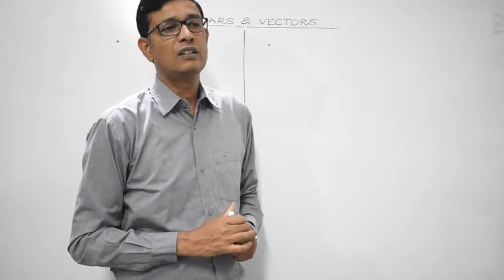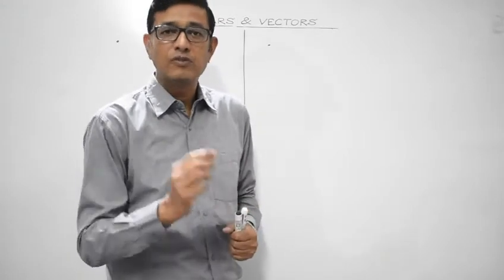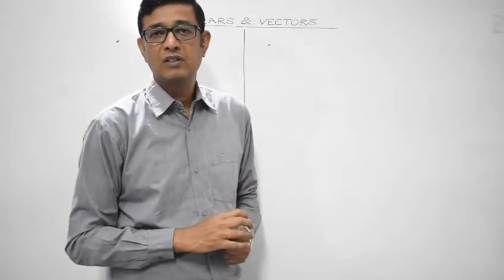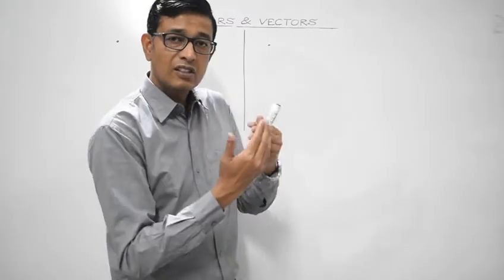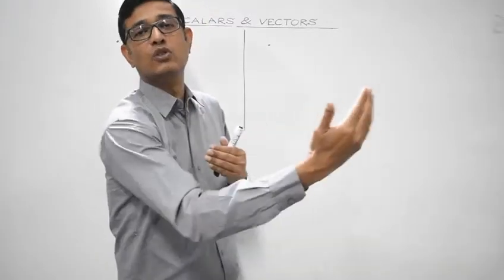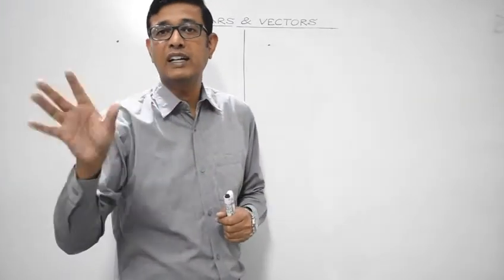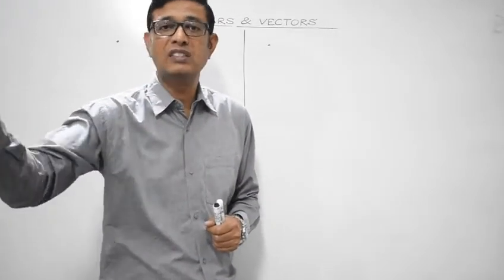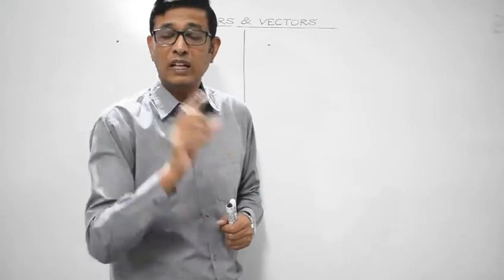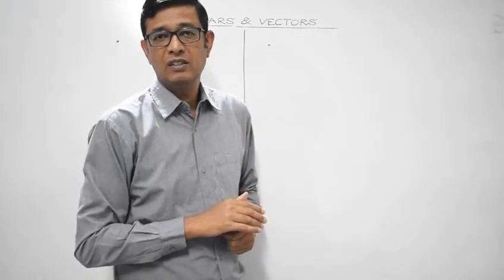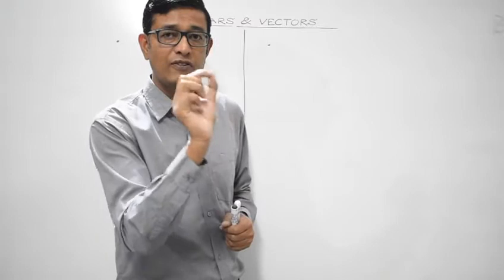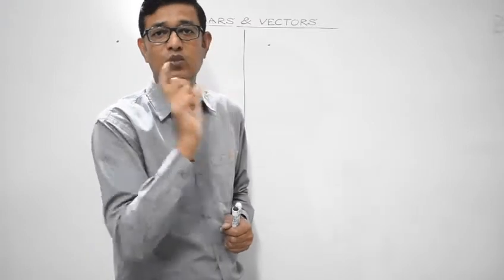If you say 5 kilometer, 5.2 kilometer, you are indicating the magnitude. You are not indicating anything about the direction or the location of your destination. So that will be a scalar quantity. So only if you are mentioning 5 kilometer, it will be a scalar quantity.